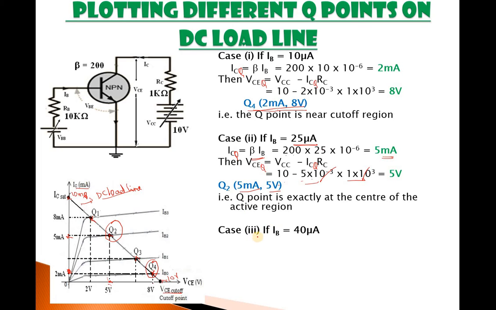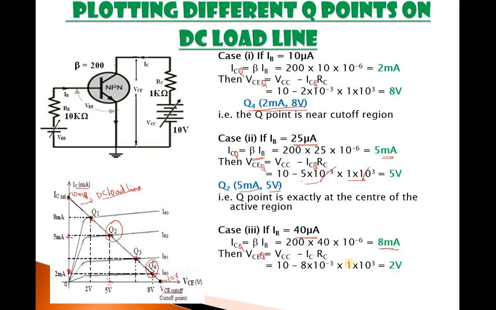Similarly, if I take IB as 40 microamps and do the same type of calculation, I am getting ICQ as 8 milliamps and VCEQ as 2 volt. If I plot this graph, what I will get is this Q point.